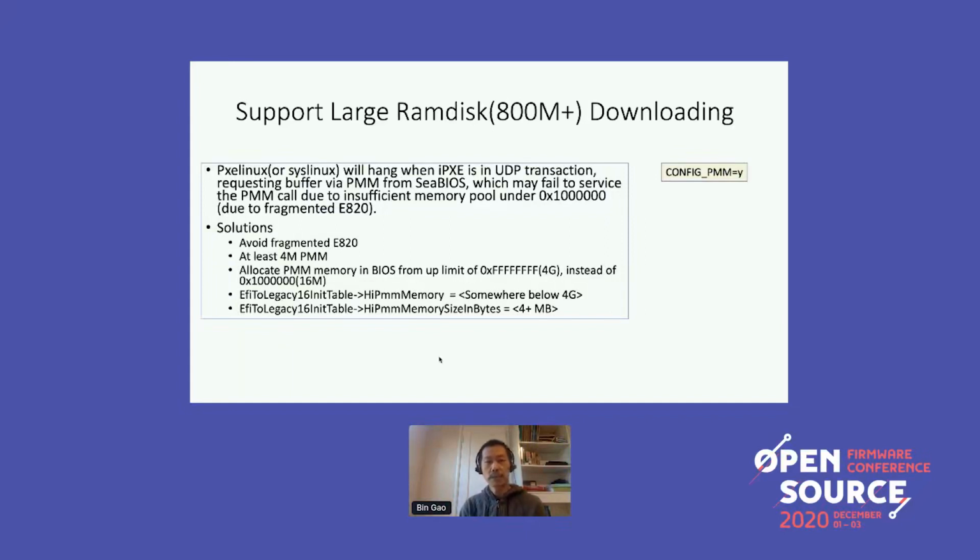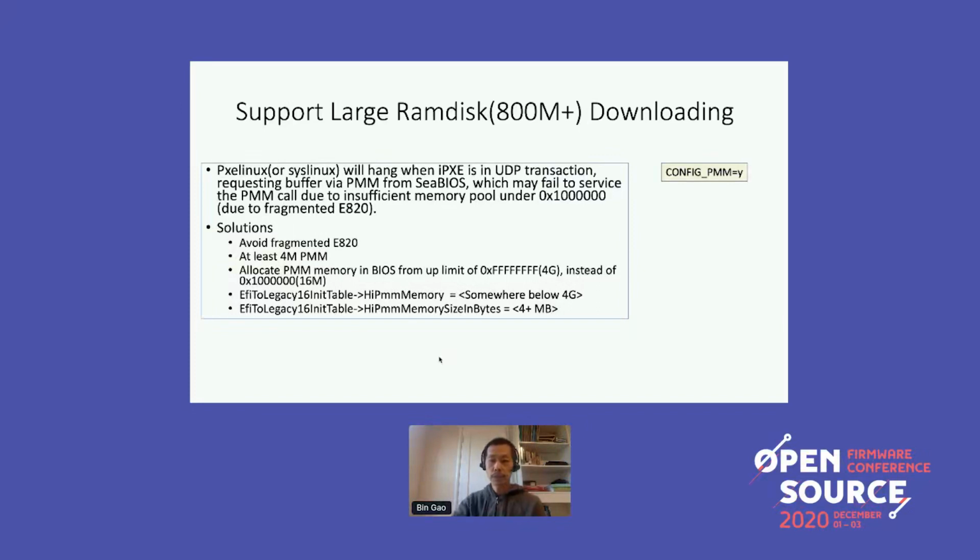That's because SeaBIOS cannot find a buffer from the PMM pool, because the PMM pool is passed from the UEFI BIOS to SeaBIOS, and if we tell SeaBIOS that the pool starts from below 16 megabytes, and also if we have a fragmented E820 table, SeaBIOS could fail to find any usable memory from the below 16 megabytes address space. So the solution is that we have to pass down the PMM upper limit of below 4 GB instead of below 16 MB to SeaBIOS to make sure SeaBIOS can always find usable memory to service the big allocation request.